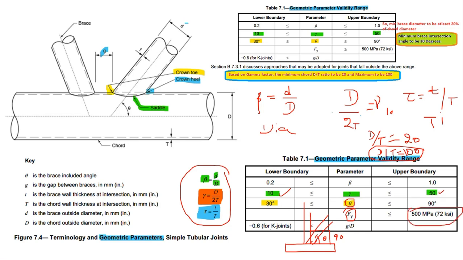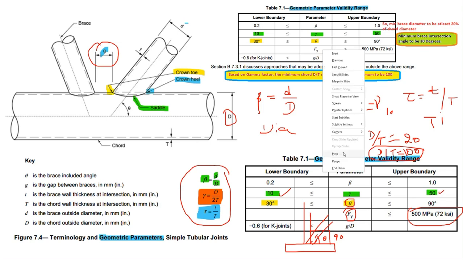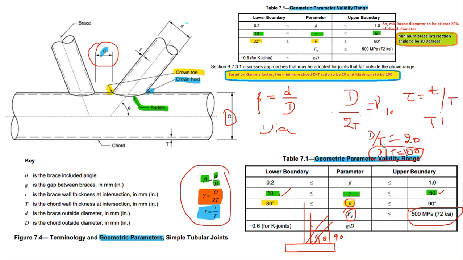The other one is for K joints, where this gap is there, right? Based on the gap and diameter we also have some limitation. That limitation, one minute, we will show it here. See, G by D, there is a limitation.